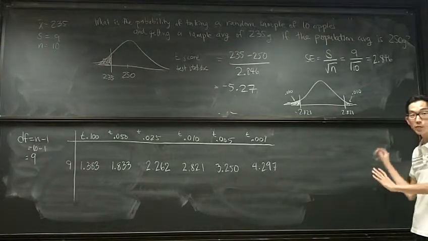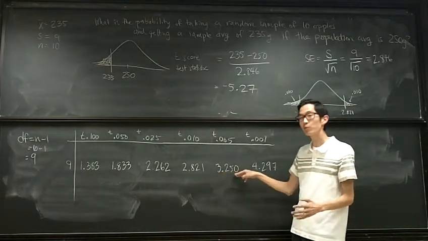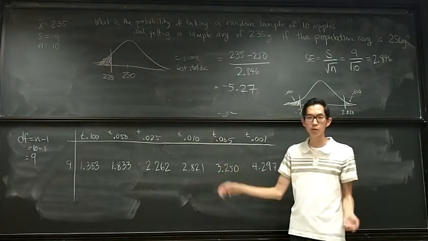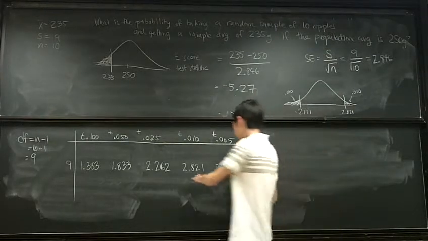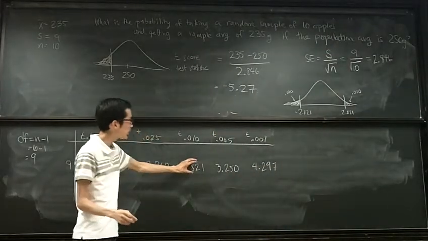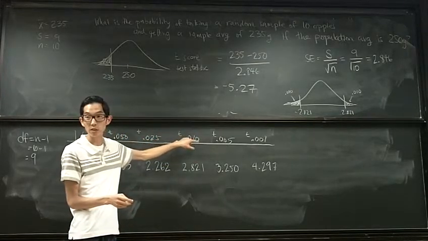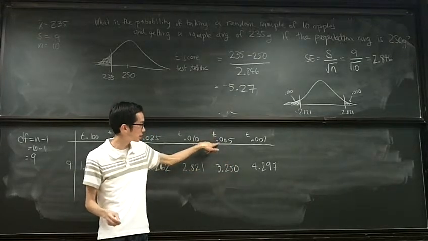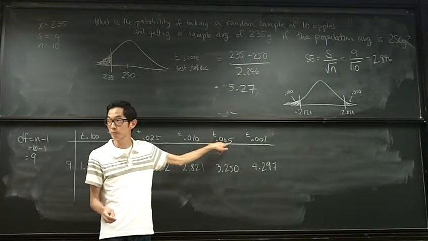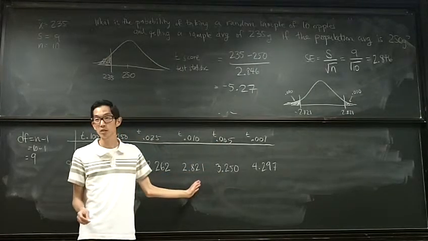Okay. What if my number was not 2.821 and not 3.25, but what if it was exactly 3? So if t was 2.821, we've agreed that the amount in the tail is 0.010. If t was 3.250, we've agreed that the amount in the tail is 0.005. What if the amount was at 3?